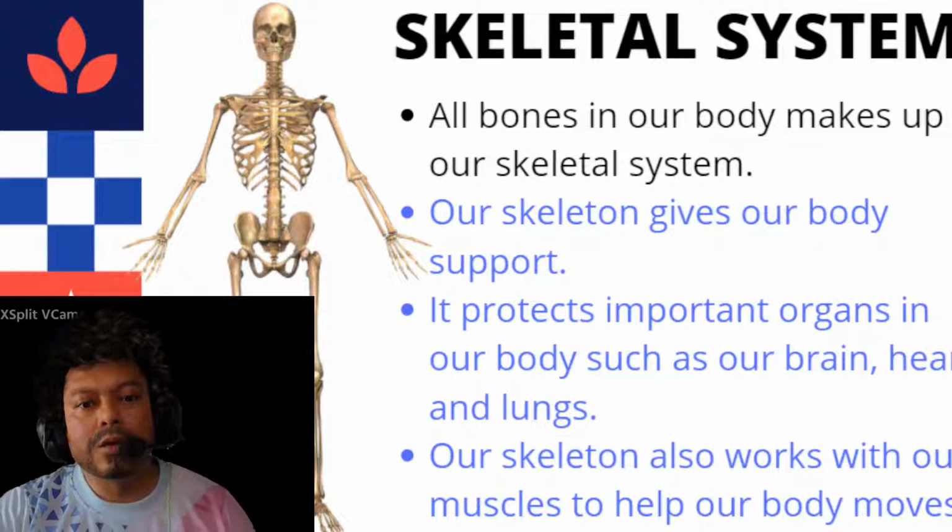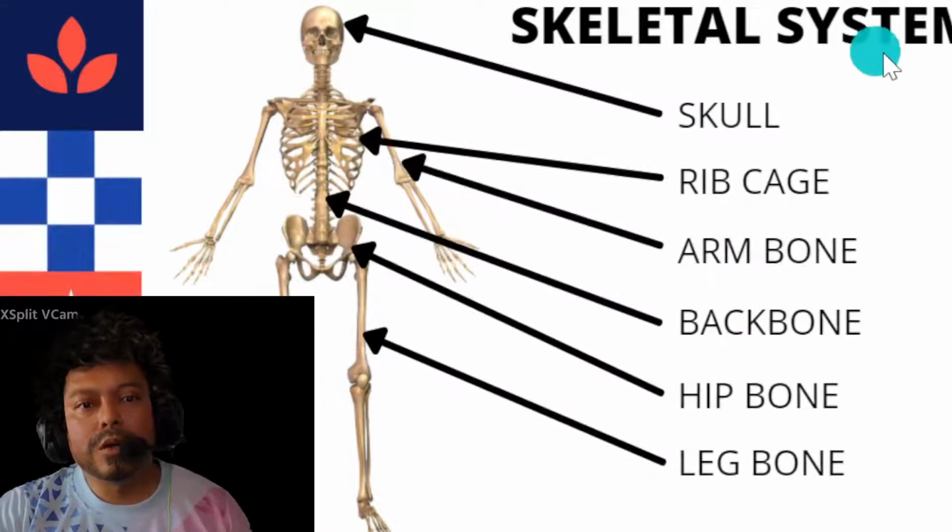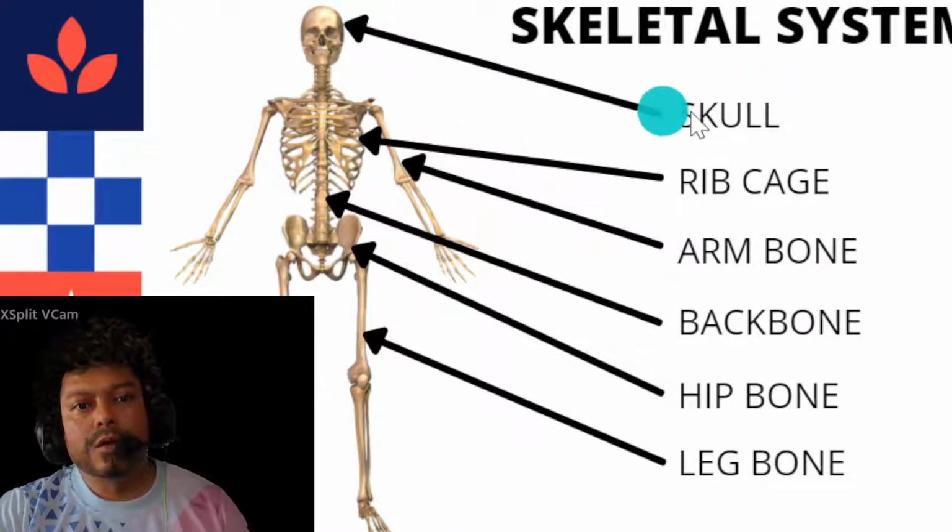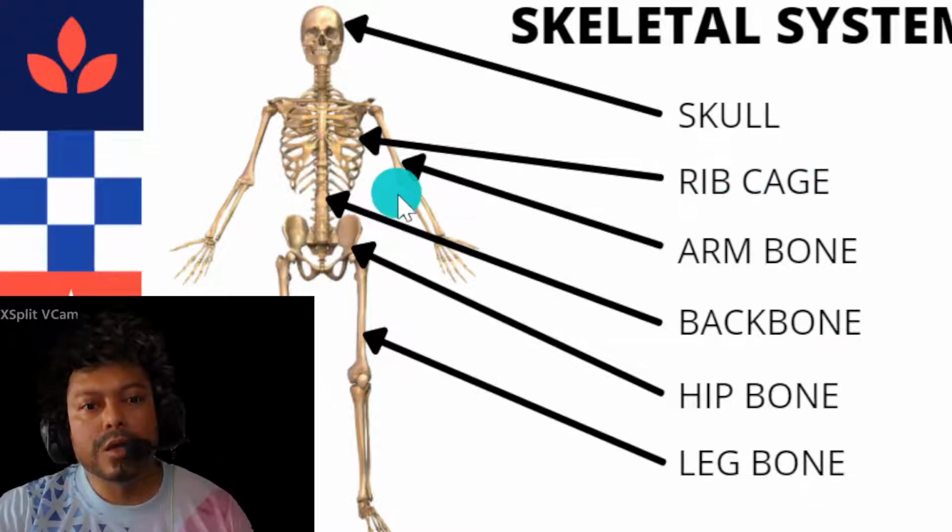Our skeleton also works with our muscles to keep our body moving. There are many parts in the skeletal system, but you need to remember these six parts: skull, rib cage, arm bone, backbone, hip bone, and leg bone.